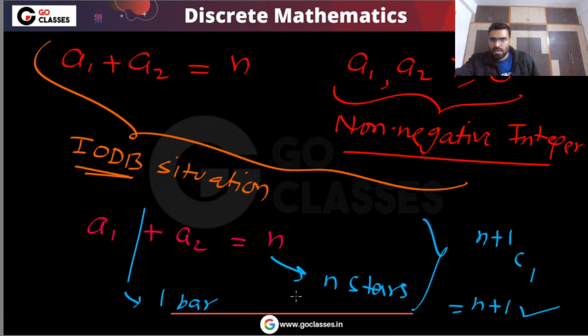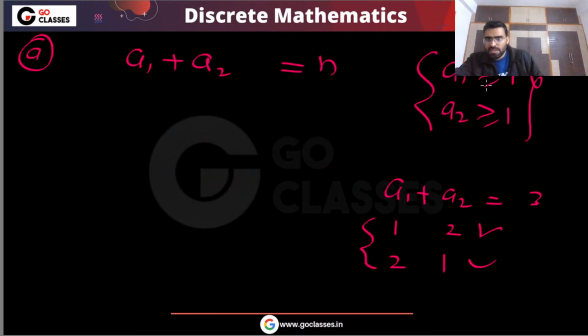Okay, if this is the situation, a1, a2 greater than or equal to 0, means non-negative integer solution problem. I know the answer for the non-negative integer solution problem, but this is a positive integer solution problem, which means a1 must be greater than or equal to 1, and a2 must be greater than or equal to 1. So what should I do? This is very simple.